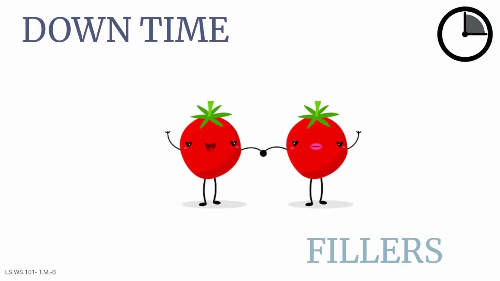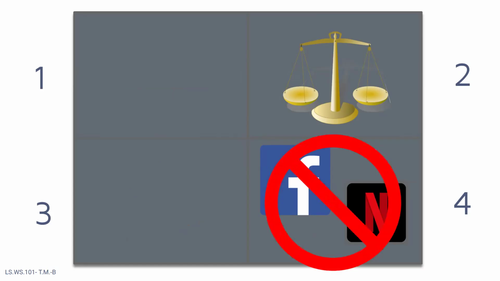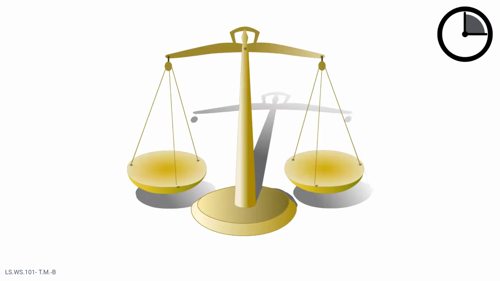Downtime fillers are important, okay? So that Facebook, Netflix time, that's part of the balance in this. It's important for you to have that time. I don't want you not to have that time because you're getting all these other things done. It's about balance, okay?